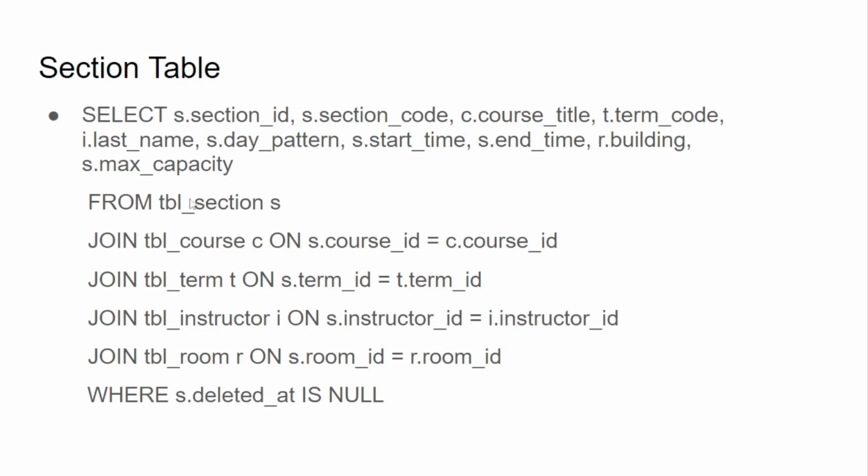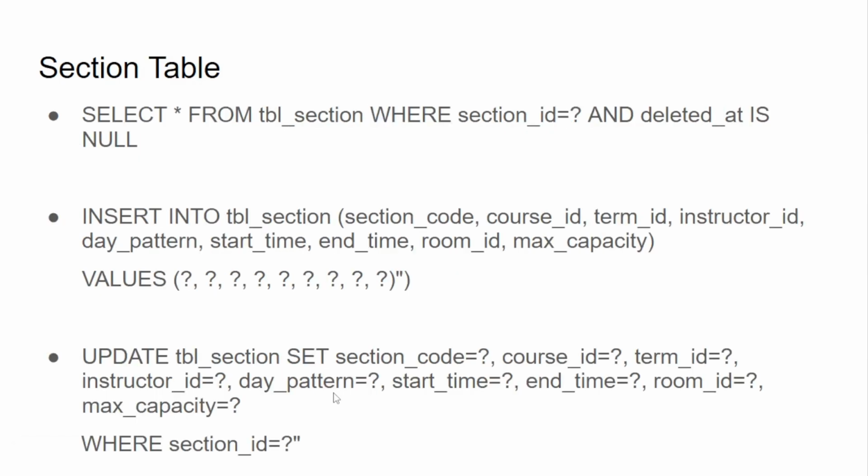So this is the main table, and these are all the tables that we want to join on our main table. We got course, term, instructor, and then room. So we joined all of these into this one, and then we also filtered it so that the only records that will be retrieved are the ones that are not soft deleted.